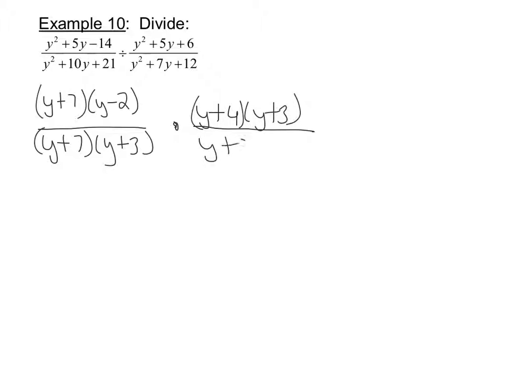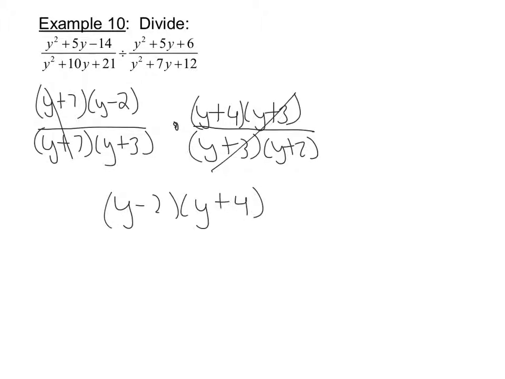Y plus 3, y plus 2. So now you have to try to cancel everything. So I see these two, I see these two, and that looks like it's it. So y minus 2, y plus 4, y plus 3, y plus 2.